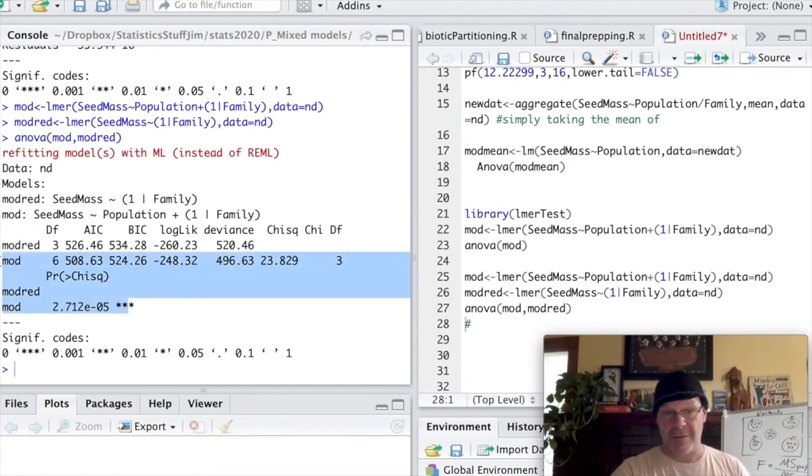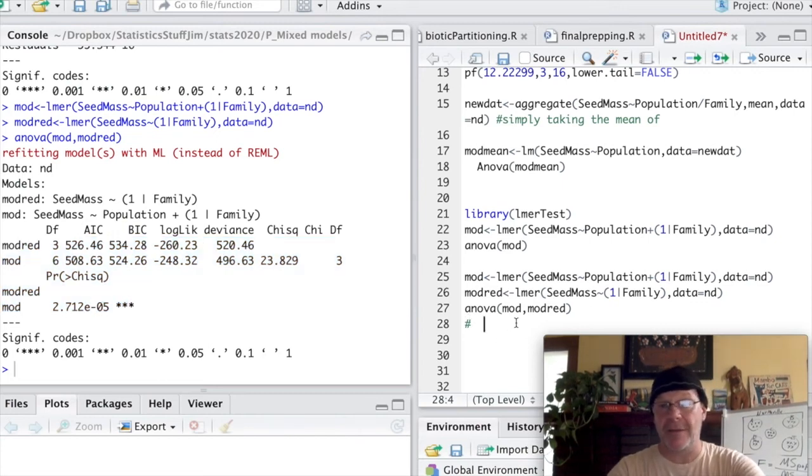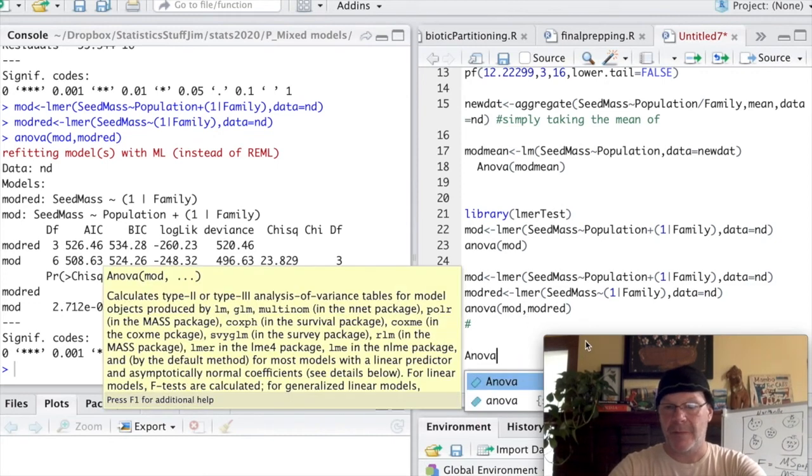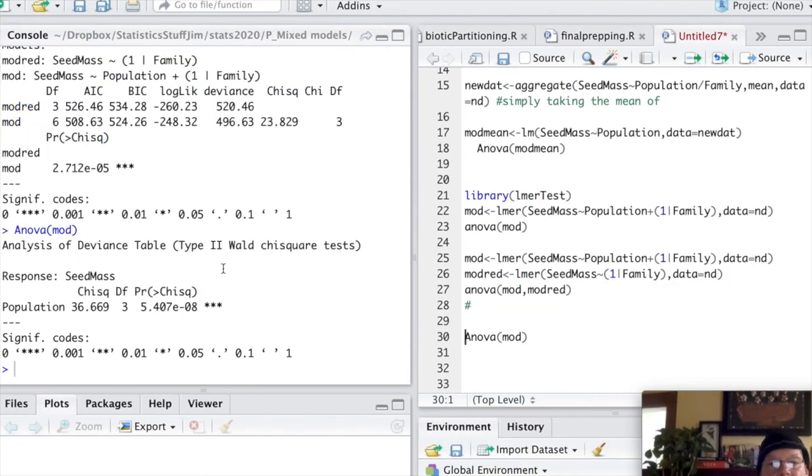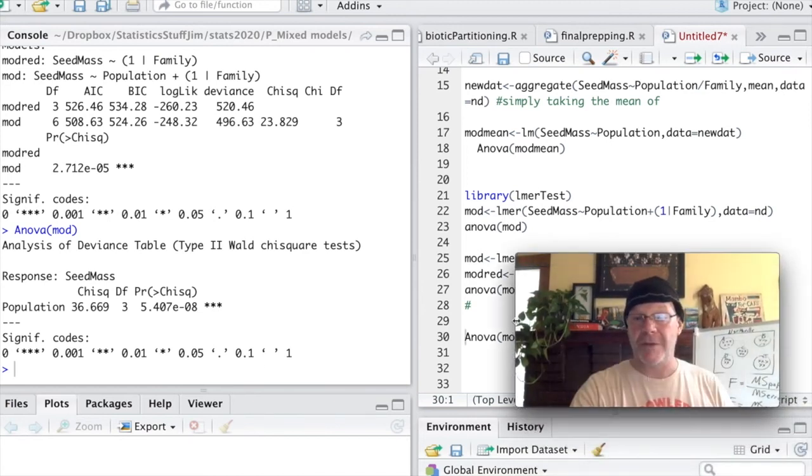So here you would say, yep, population is significant. Here's the p-value. And then finally, we could use the capital A Anova and put the name of our model in there. And then it's going to do the analysis of deviance, that other approach to doing likelihood ratio type statistics.